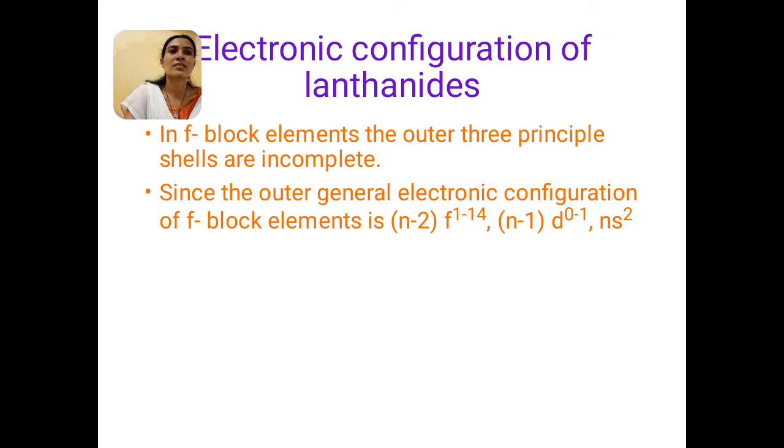So last shell is S, that is ns2. (n-1)d is the penultimate shell. (n-2)f is the pre-penultimate shell. As we know that in case of lanthanides, the last electron enters into 4f orbital. So which orbital is there? 4f orbital. So the value of n-2 is 4.